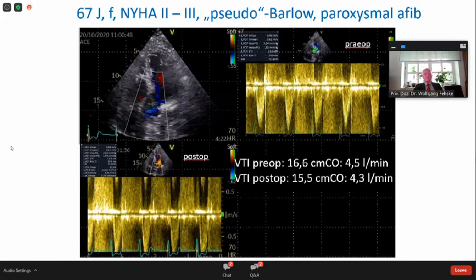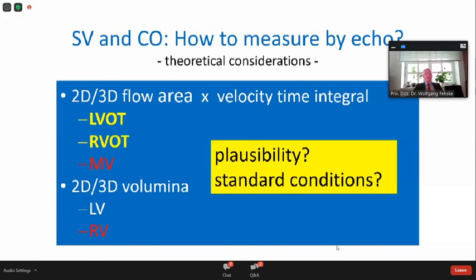The rest is that the stroke volume across the aortic valve stays constant. So you are losing the backward flow across the mitral valve, and the cardiac output remains the same. So at the end, I want to remind again that it is possible, in my eyes, if you respect the specific conditions for left ventricular outflow tract measurement, to measure the cardiac output there, and you can even take the right ventricular outflow tract.